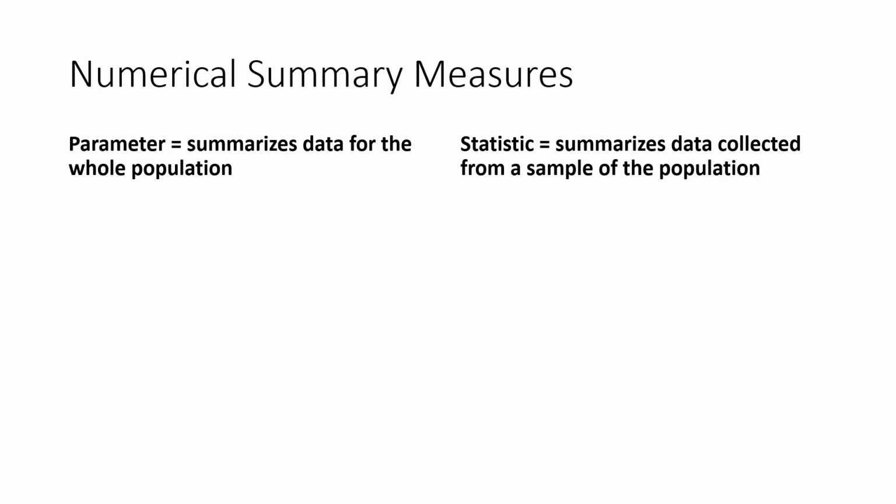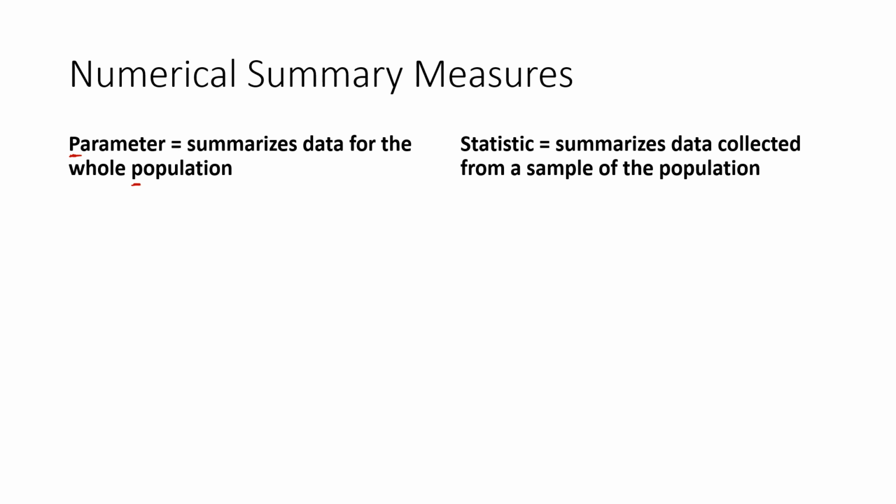A parameter is the name that we give to a summary measure that's summarizing data for the entire population. One thing to notice is that the word parameter and the word population both start with P, and parameters summarize the data in the population. So the P's go together.